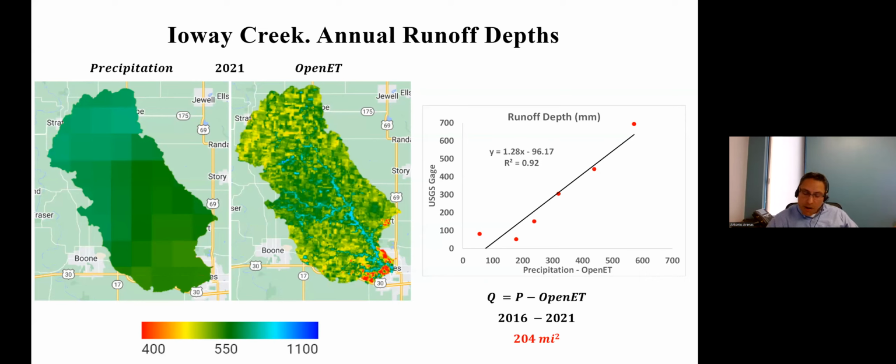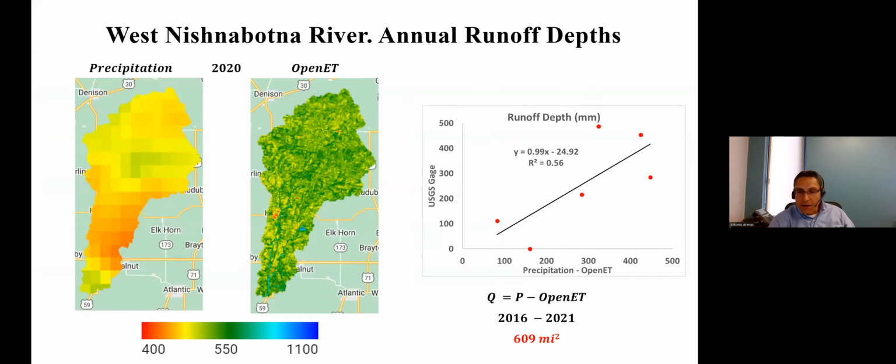At 200 square miles, a full year is enough basically for water to travel from any place in the watershed to the outlet. However, as we expanded our analysis to larger watersheds, this is the West Nishnabotna, Hancock, I think.